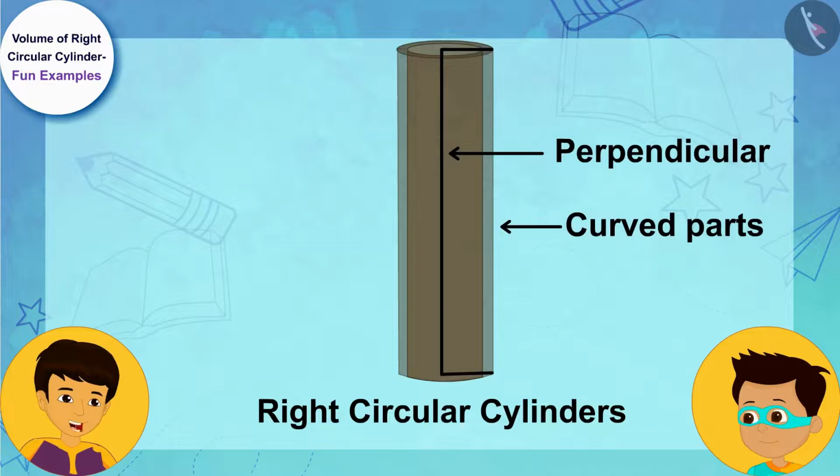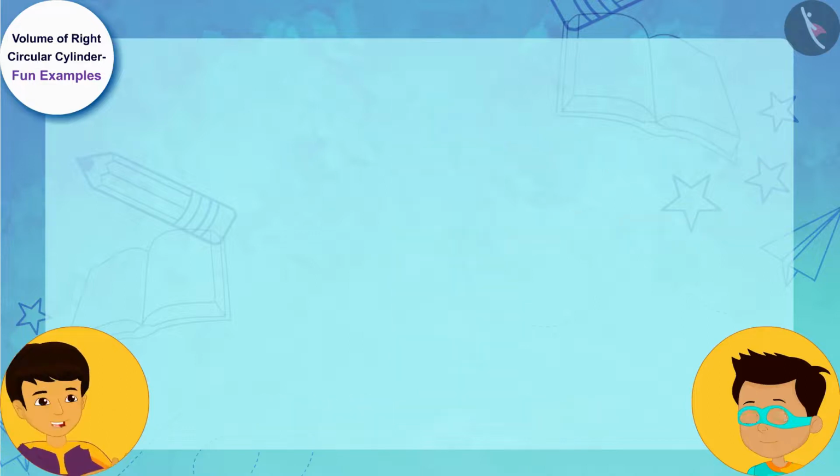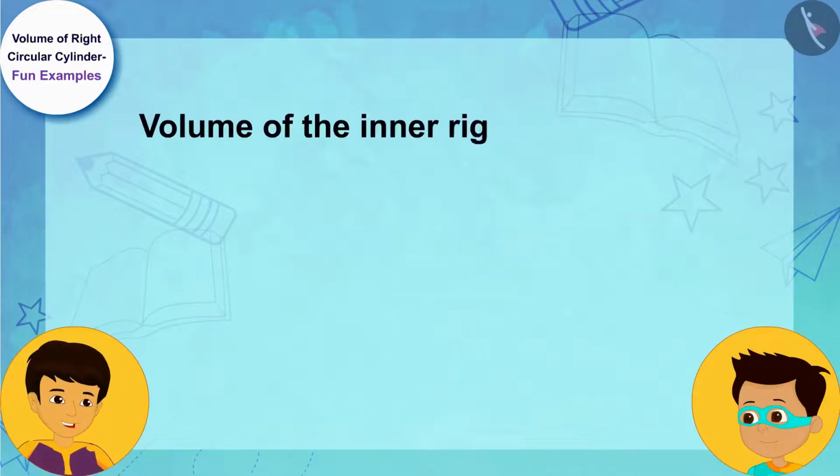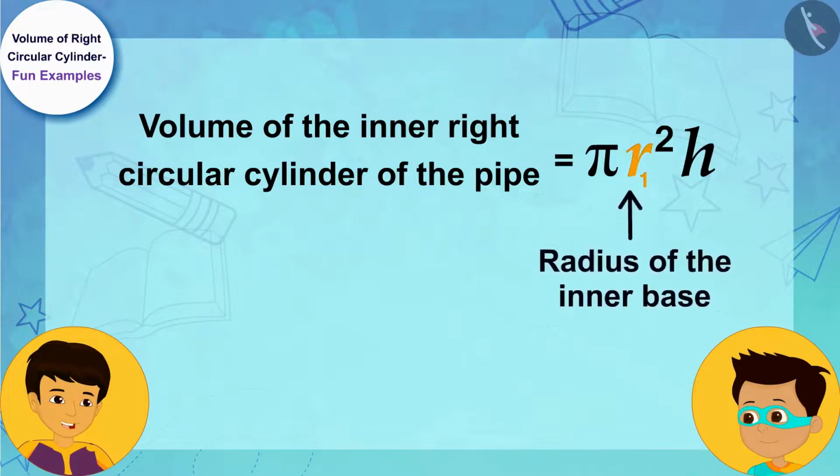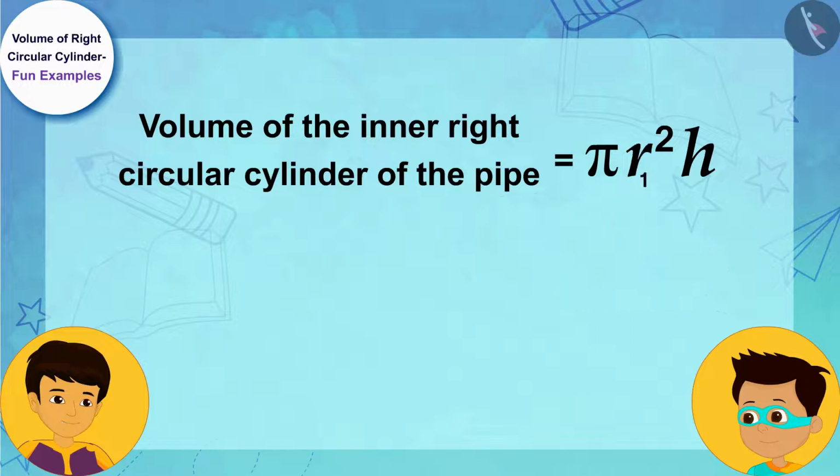Absolutely right, Thomas. We can write the volume of the inner right circular cylinder of the pipe as pi r1 square h, where r1 is the radius of the inner base of the cylinder and h is its height.